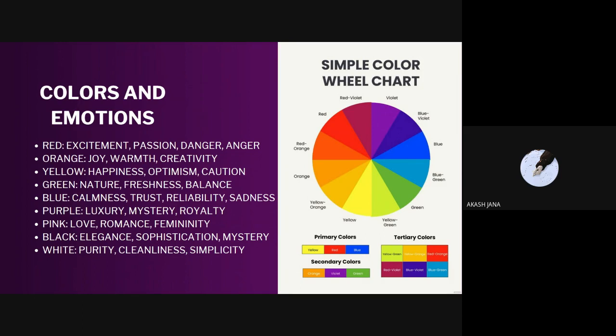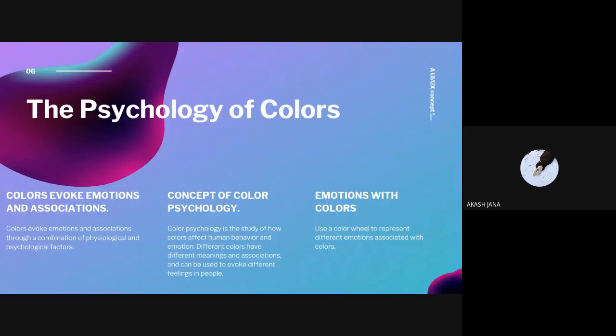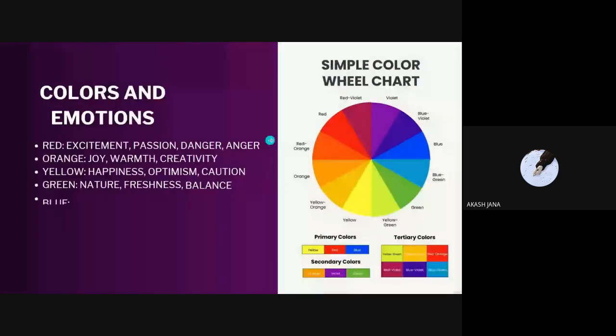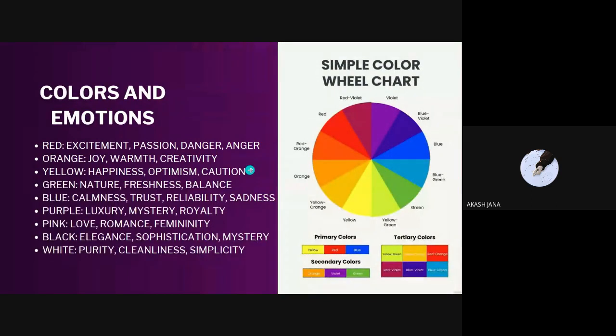Now, I would like to bring to your attention, what I am trying to say is, if you look into my slides, I have particularly used two kinds of colors. One, a purple color, and second, a blue color. I have used these colors because, firstly, purple is for luxuriousness, royalty, and mystery.